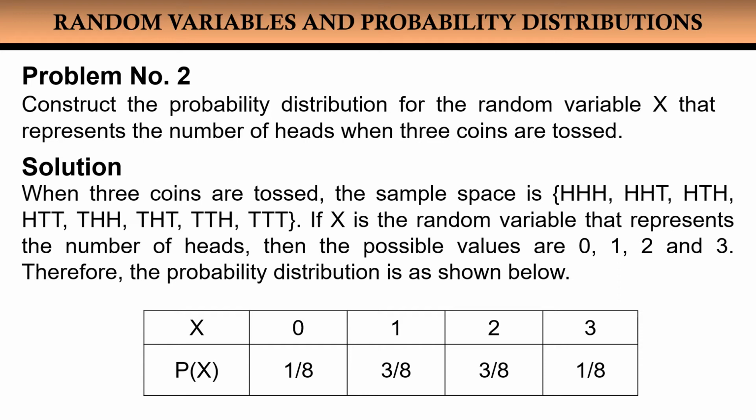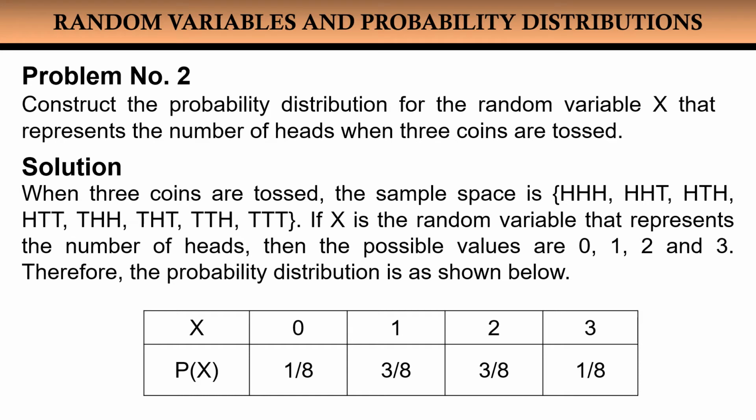Pwedeng walang head, 0, yung tail, tail, tail. Pwedeng 1 head lang, yung tail, head, tail, tail, tail, head. So, isang head. Pwedeng 2 heads, like yung head, head, tail, tail, head. So, 2 heads. And pwede rin namang 3 heads, yung head, head, head. Kaya ang possible values ng random variable natin na x ay 0, 1, 2, 3.